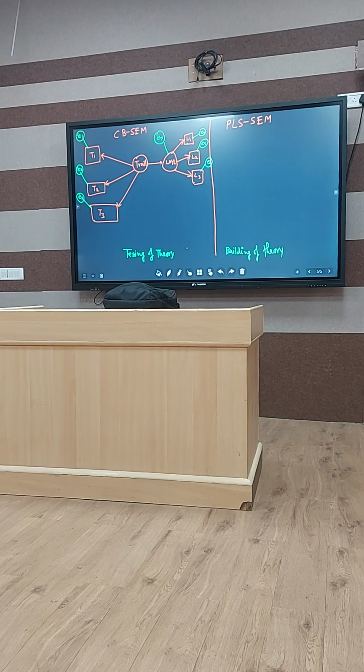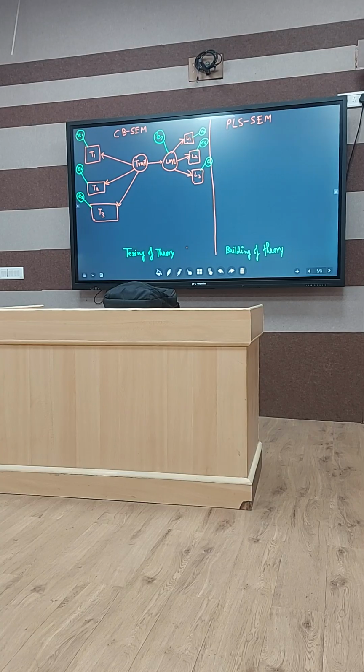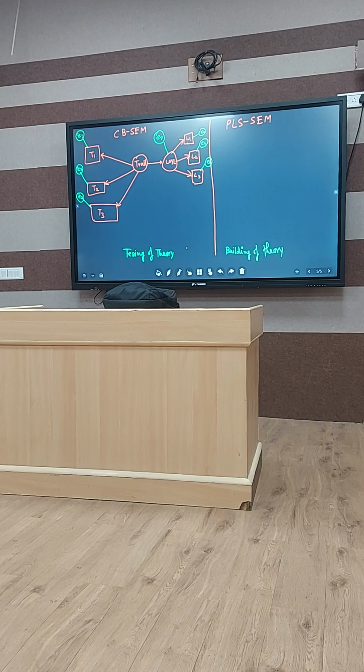For this one, like loyalty, you have put an error term, but for trust, wherever there is an arrow, whether it is observed, you will have an error term.